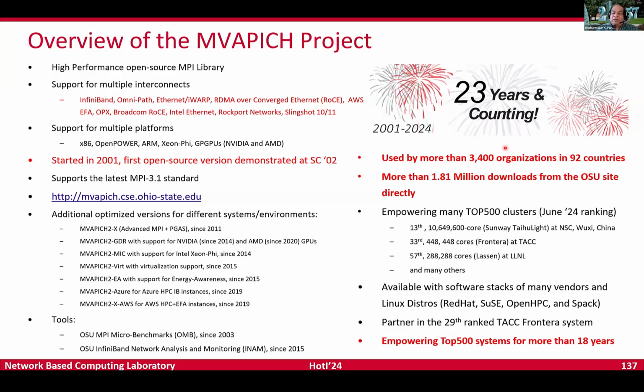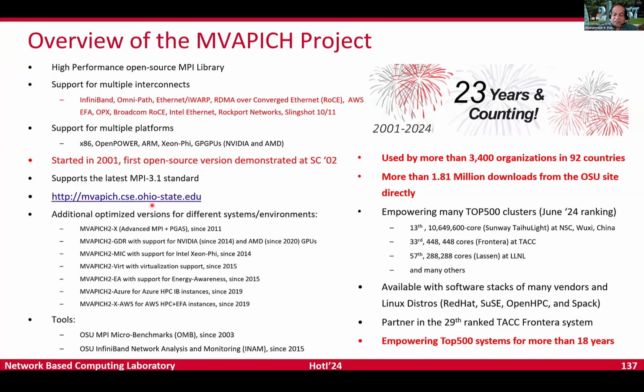As many of you know, there is a lot of discussion going on about sustainability in the community. Purely from a software development standpoint, we are able to maintain that with all different kinds of funding. Currently it is being used by more than 3,400 organizations. These are registered organizations in 92 countries. If you go to the MVAPICH site, we actually have a users tab.